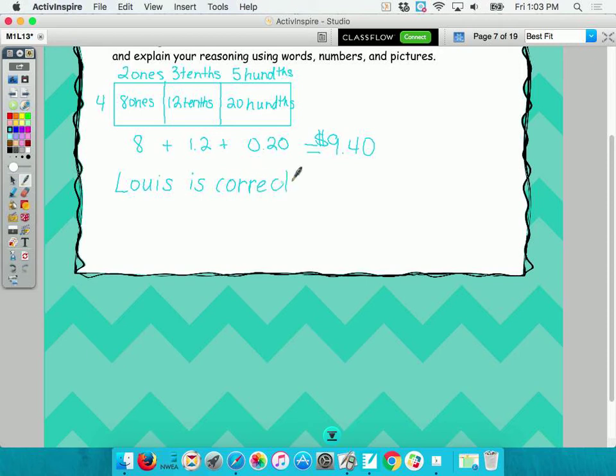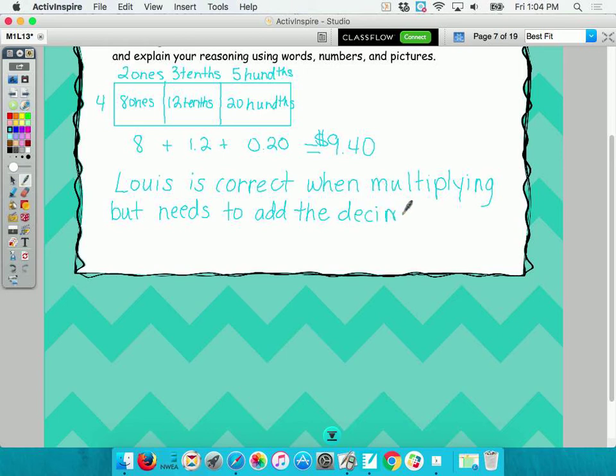Just add the decimal in the right place, and then it's just between the 9 and the 4. Okay. So Lewis is correct when multiplying, but needs to add the decimal between the 9 and 4.